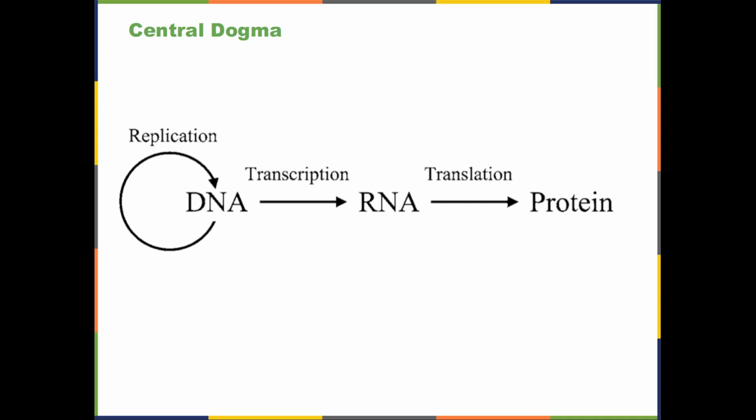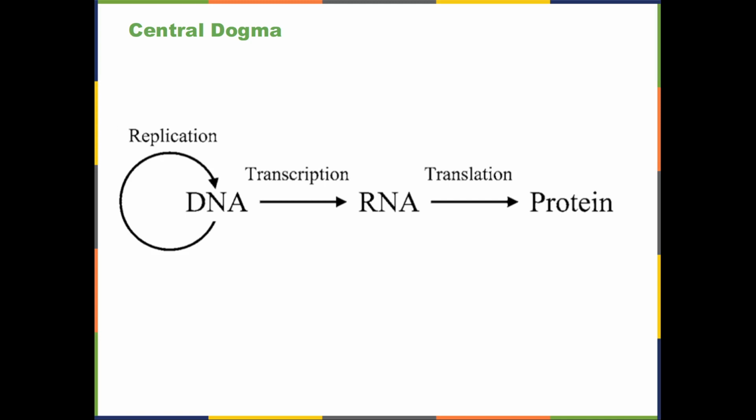And then that RNA is translated into proteins, right? We're going from a completely different language. If you remember, DNA and RNA are made up of what are called nucleotides: adenine, thymine, cytosine, guanine, and uracil.